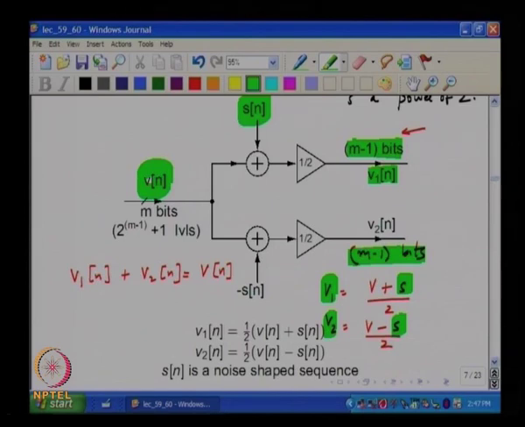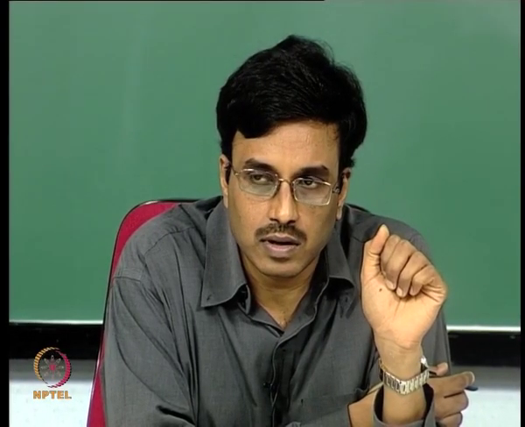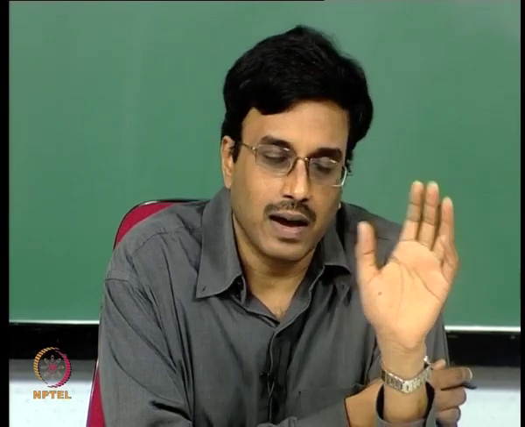I mean, if you add any arbitrary sequence S, the sum will be V, but we need to find a special sequence S such that these V1 and V2 are m minus 1 bits long. Okay. Yeah, I will come to that.